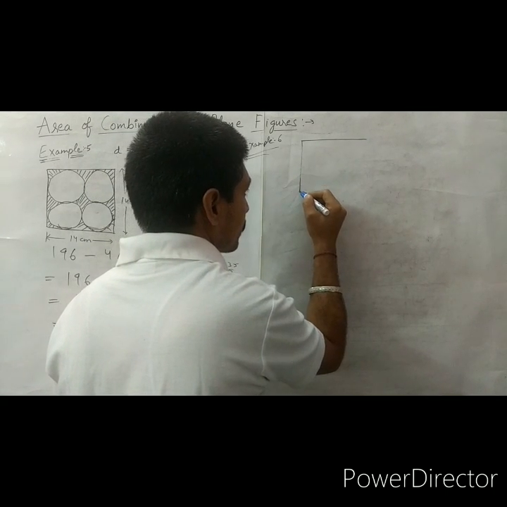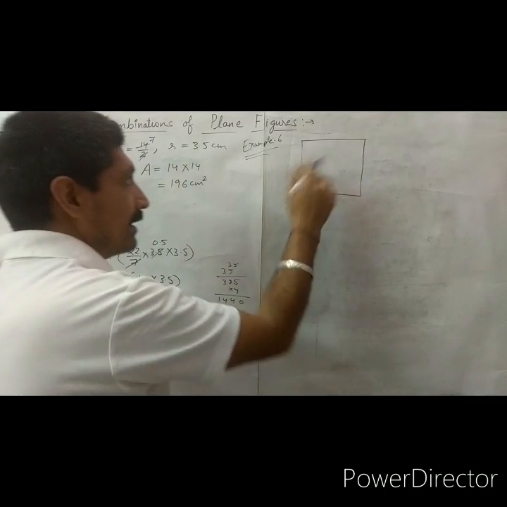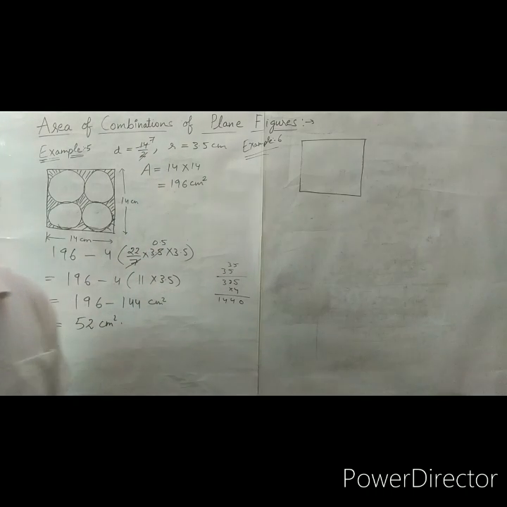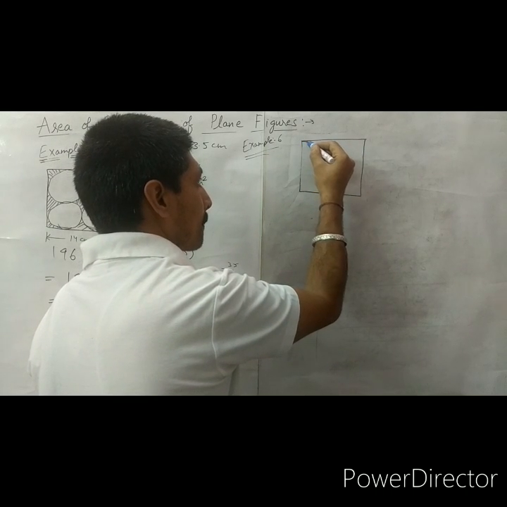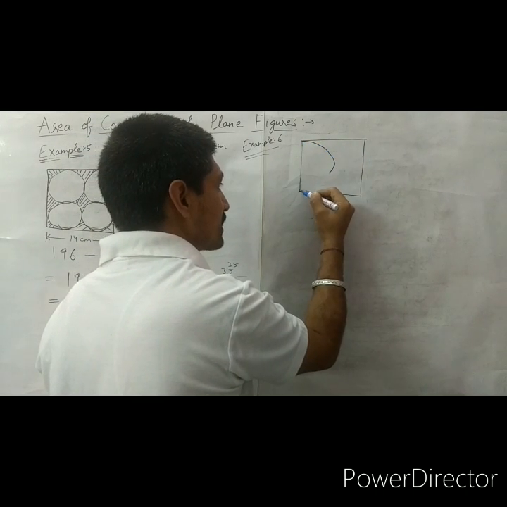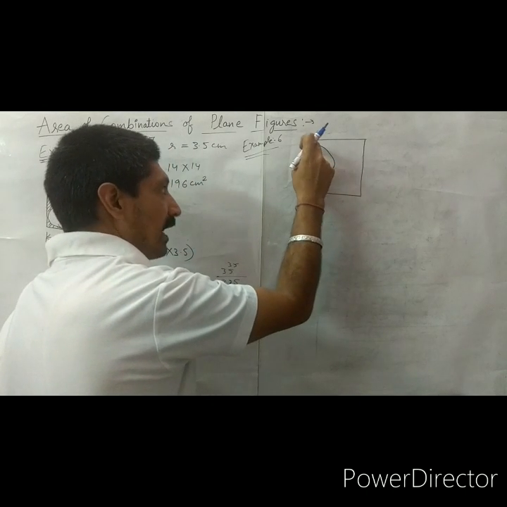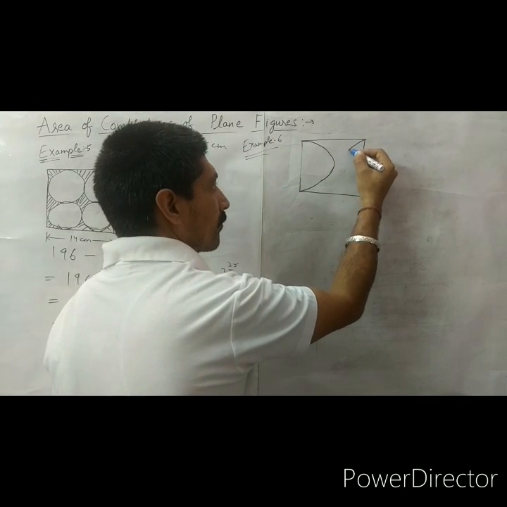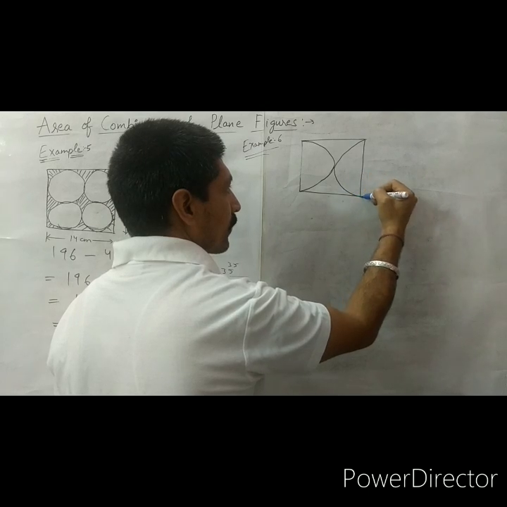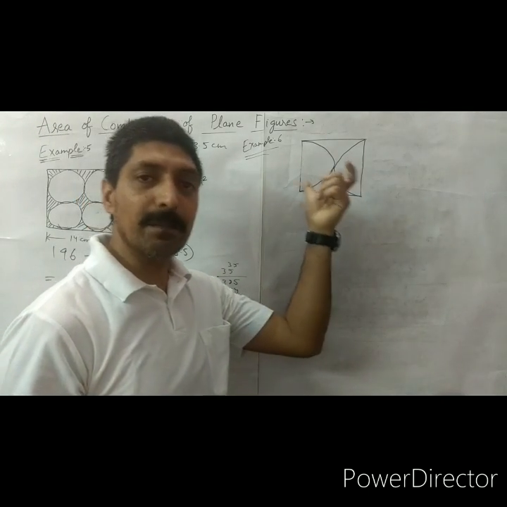One square is given with the side 10 meter, and here the design is made in such a way that the semicircles have a diameter equal to the side of the square. If we add both these semicircles, it will make a complete circle.